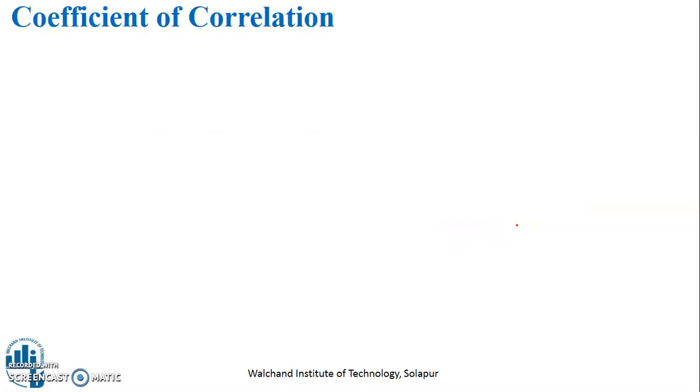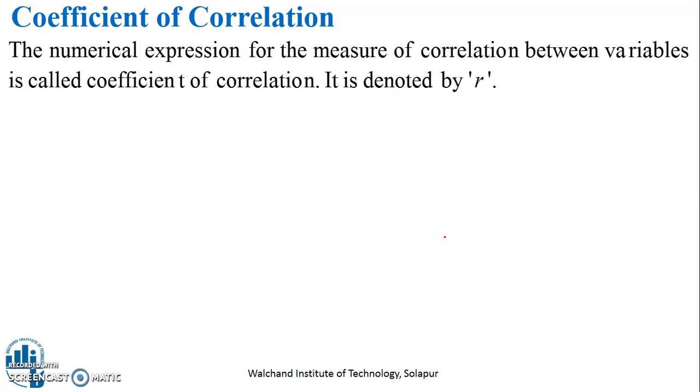Now let us consider the next content, coefficient of correlation. What is meant by coefficient of correlation? The numerical expression for the measure of correlation between variables is called coefficient of correlation, and it is denoted by r.